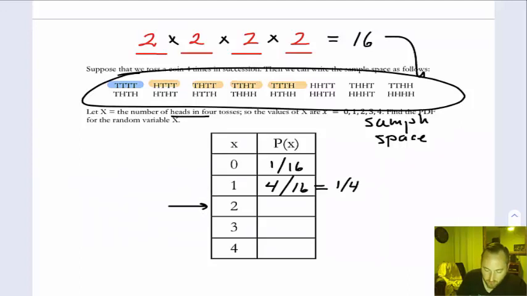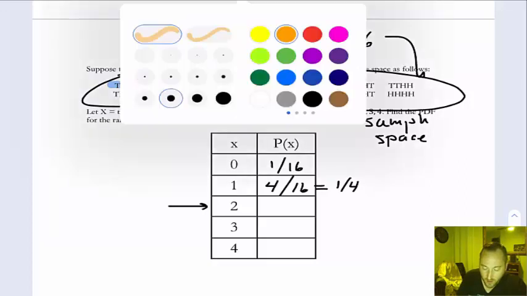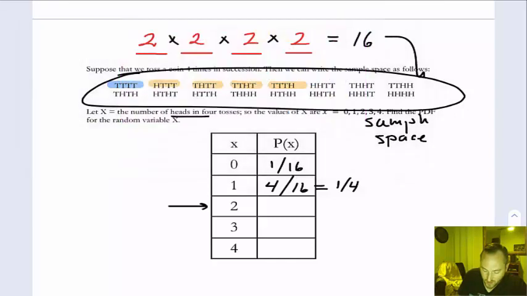Okay, next one for 2. What's the probability that you get 2 heads, which implies also 2 tails? Here we have 2 heads here, 2 here in the middle, and then 2 there at the end, and then staggered there, and also in this other form here. Precisely, we have 6 of those out of the 16. If we reduce that by dividing by 2, we get 3/8.